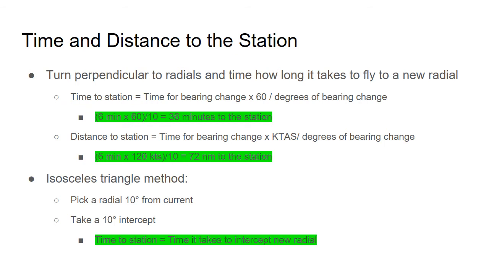There is a slight chance that you will run into a question about using bearing changes to gauge your distance from the VOR. The idea is that if you turn perpendicular to the course and time how long it takes to make a 10-degree bearing change, in other words, how long it takes to get full scale deflection, then you can calculate how far it is to the station. The longer it takes, the farther you are from the station.